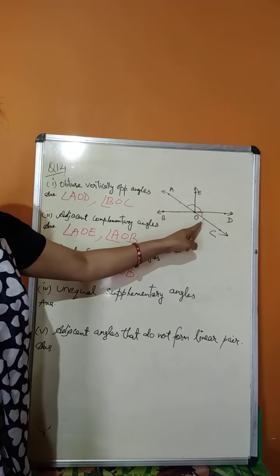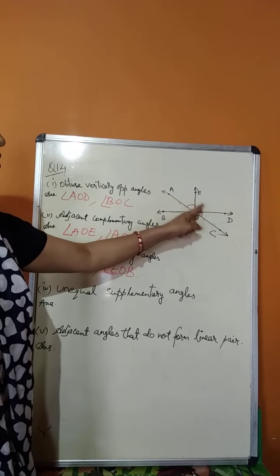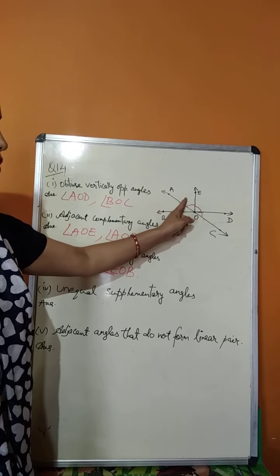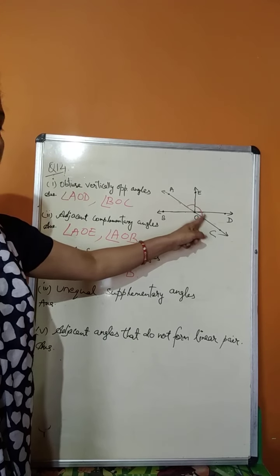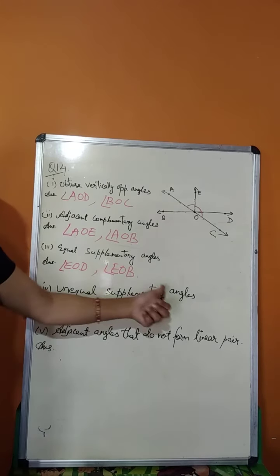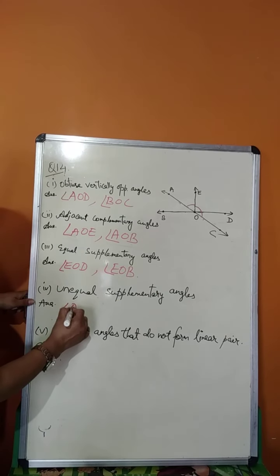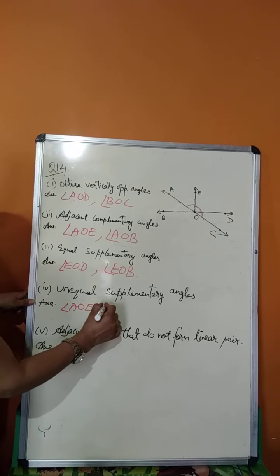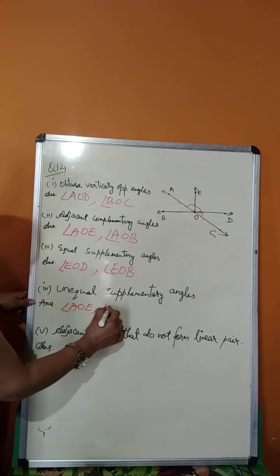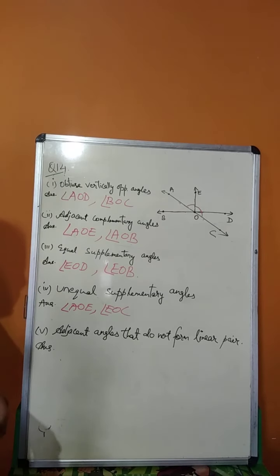They are supplementary angles as the sum is 180 degrees but they are not equal. One is acute and the other is obtuse. So the answer will be angle AOE and angle EOC. I hope it's clear.